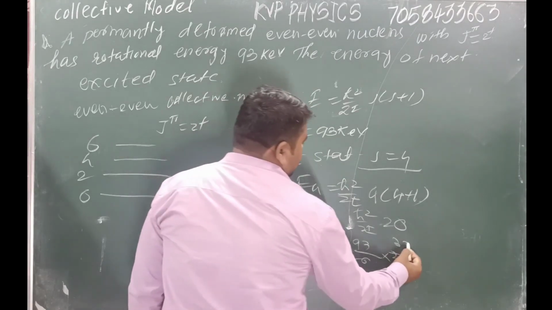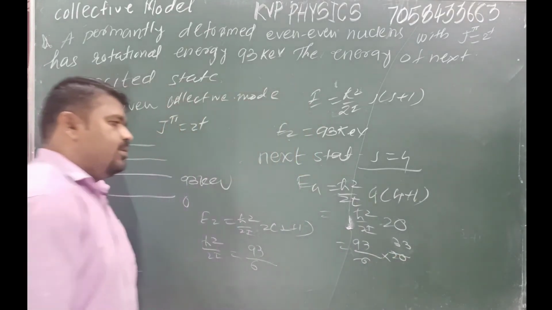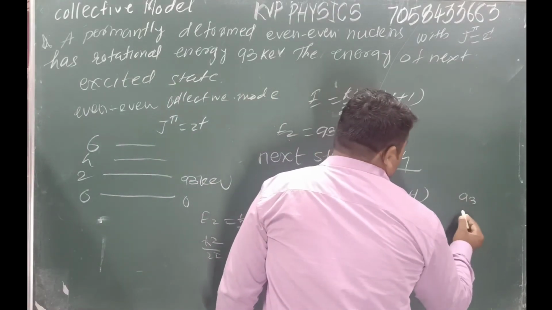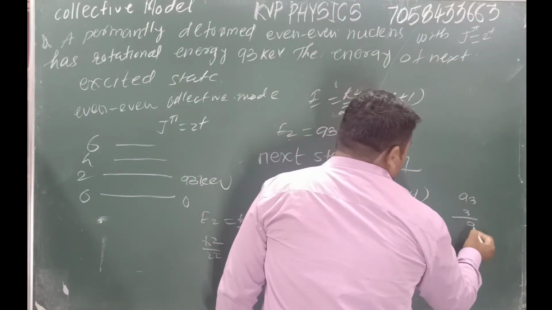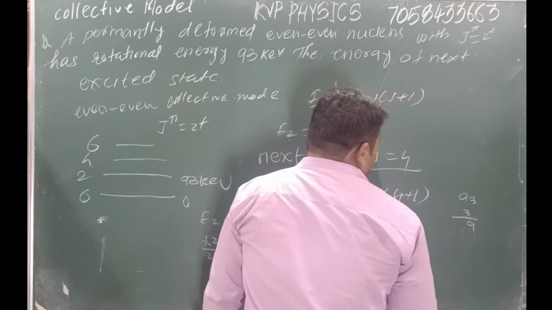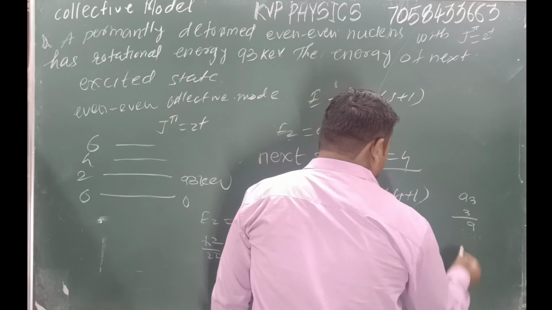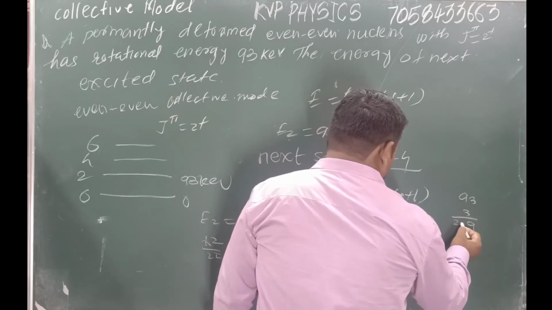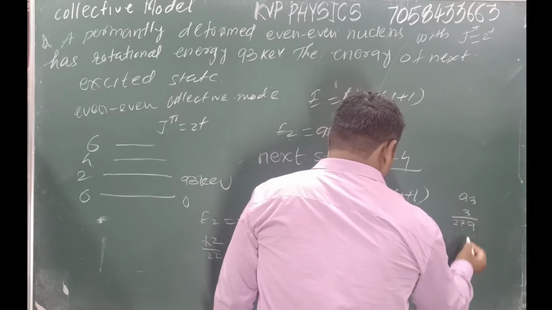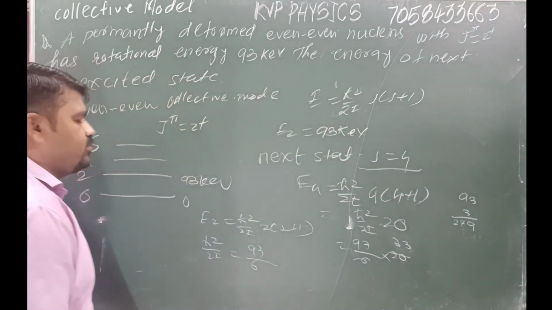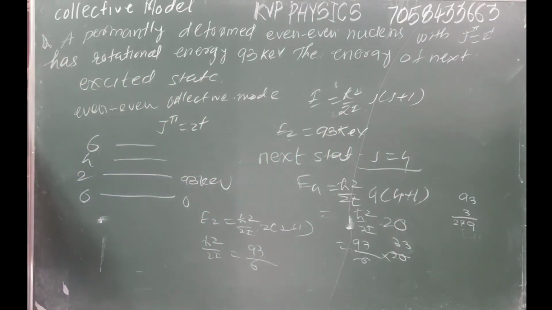3.2, 3.33. Okay, 3.33. 93 into 3. 93 into 3. 9. 93, 9. No, 1 minute. 24 plus 20 h cross square upon 2I into j plus 1.